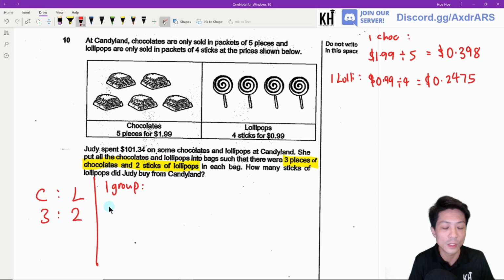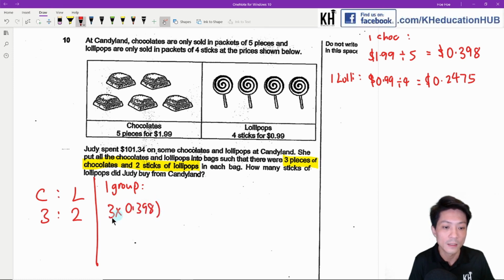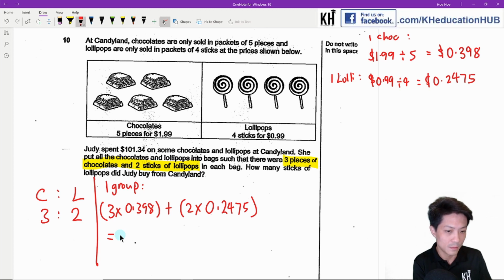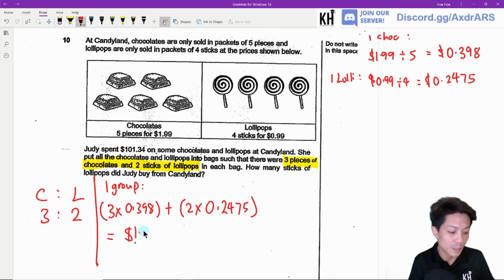So I'm going to use 3 times 0.398, and plus 2 times 0.2475. This will give me 1.689.